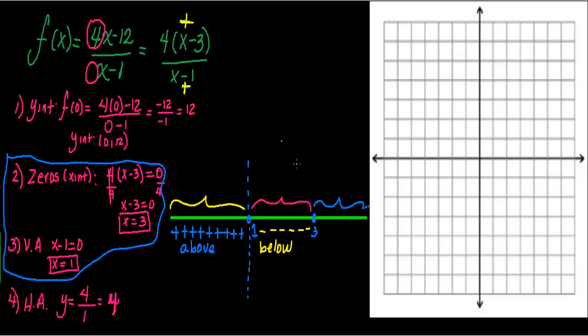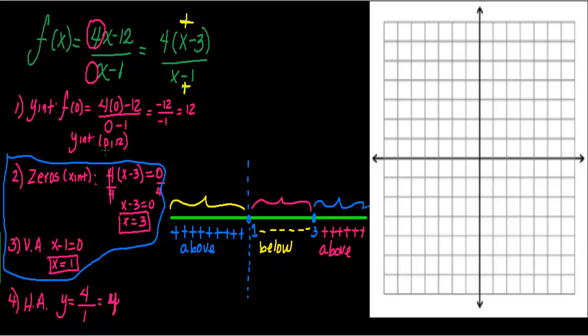Any number you plug in here that's greater than 3, will this be positive? Positive. And positive over positive will be positive. That means that I will be above the x-axis.